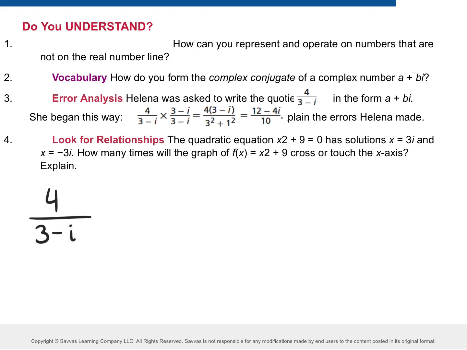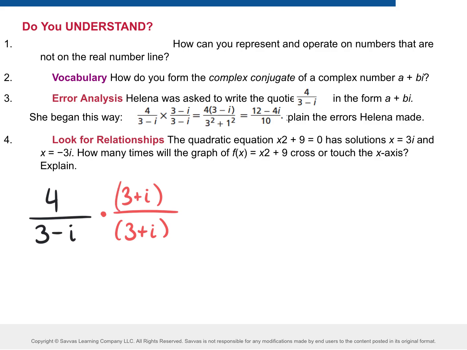All right, a little more review here. What's wrong with this expression right now? Yes, we cannot have this imaginary number, that complex number, in the bottom, so we have to multiply by what? 3 plus i. Yep, you're changing the sign in front of that imaginary number.